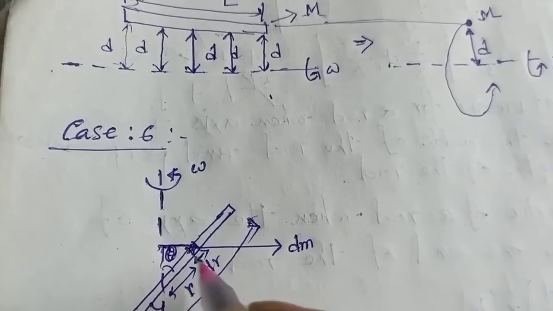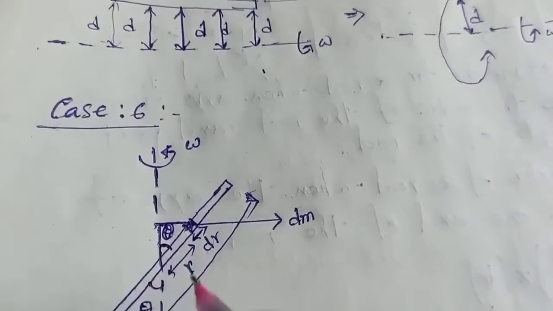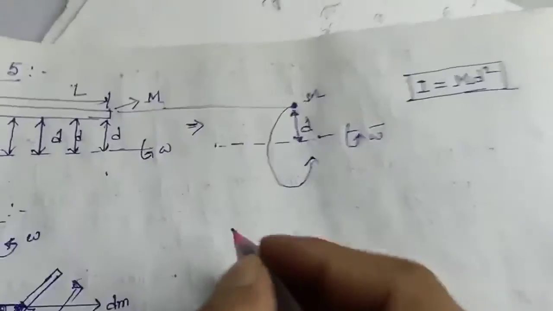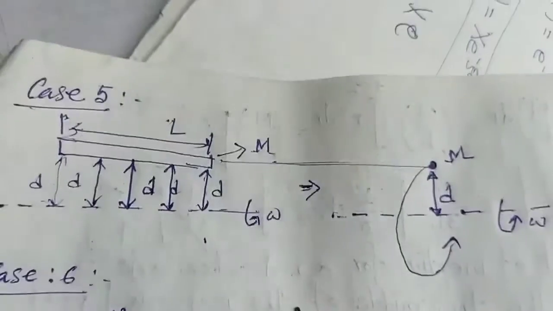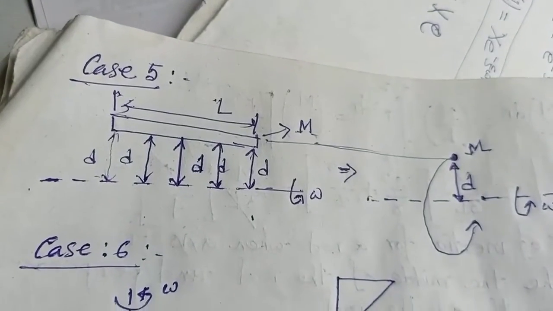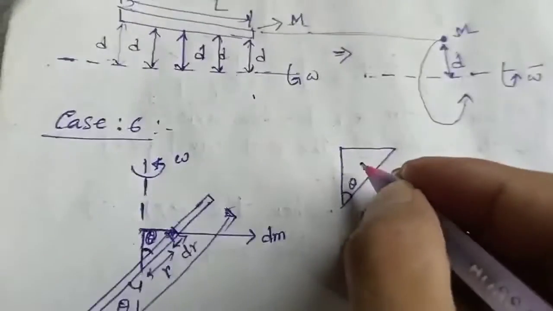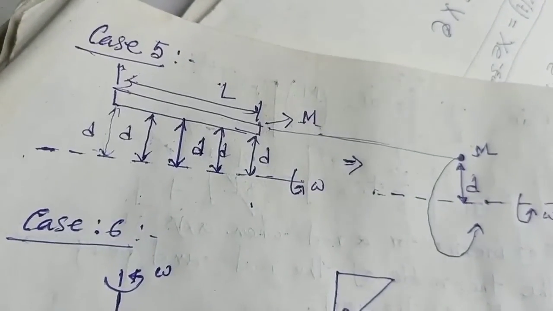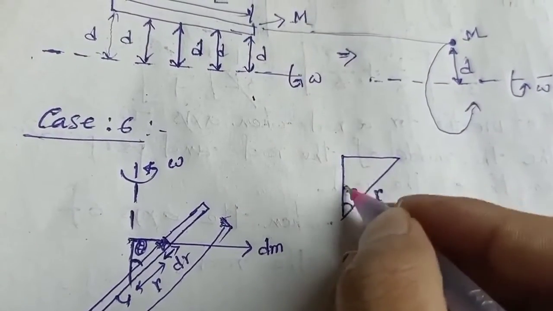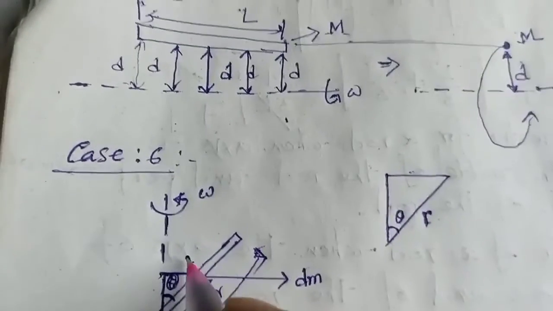We see this is a triangle, and there is an angle theta. If you reduce this figure to this triangle, we can draw this diagram. There is the angle theta, this is the length r, and this distance is r dot.